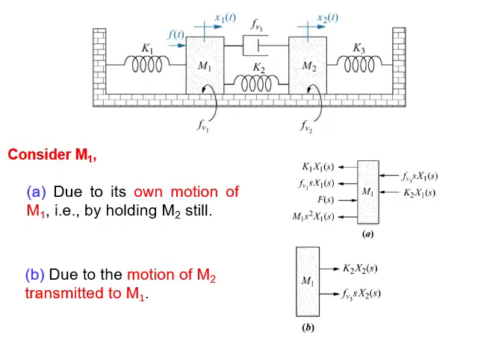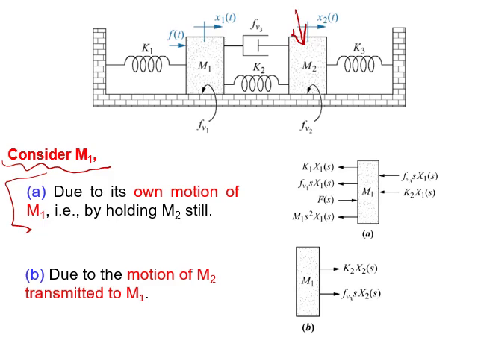So here, what I mentioned, hopefully it's going to be clearer. When I want to consider M1, we are going to split the effects on M1 into two parts. One is due to the motion of M1. Assume that M2 is held, and let us think of M1.